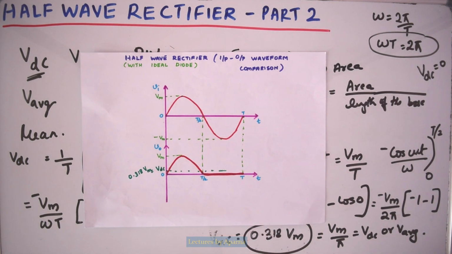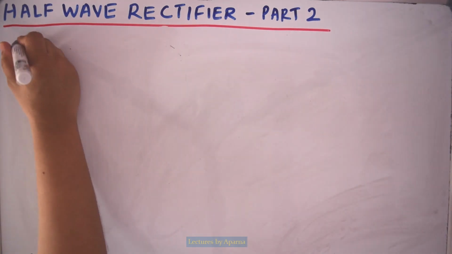Now let us calculate the RMS value or the root mean square value.